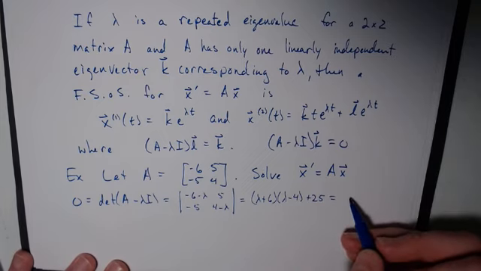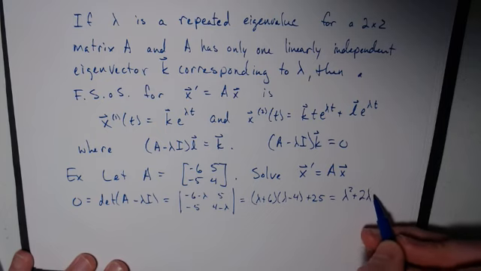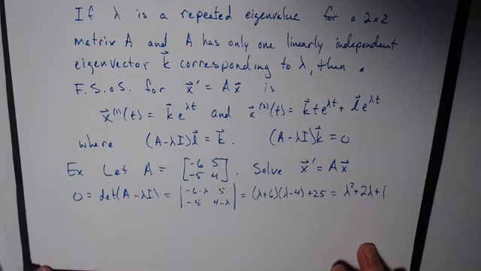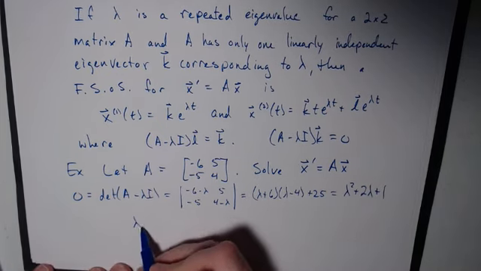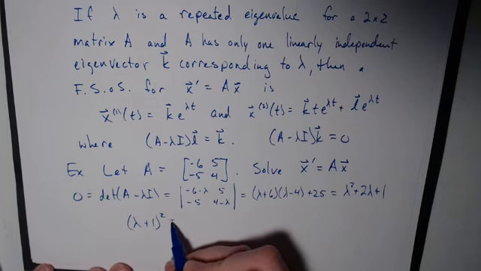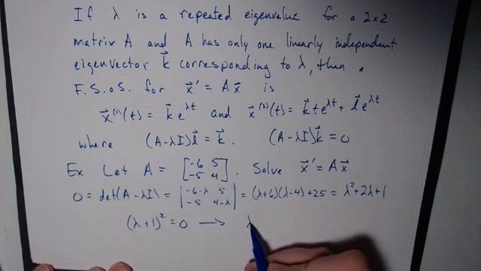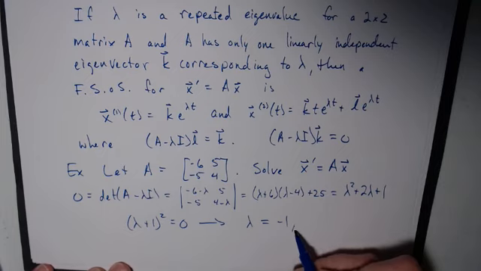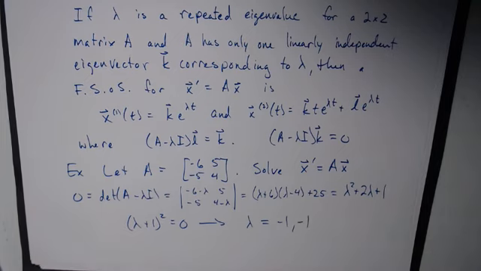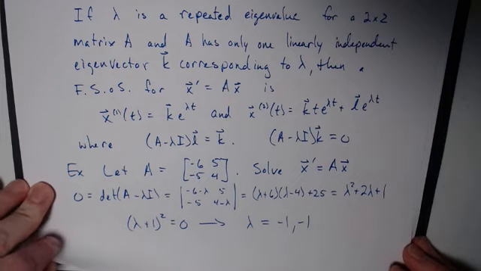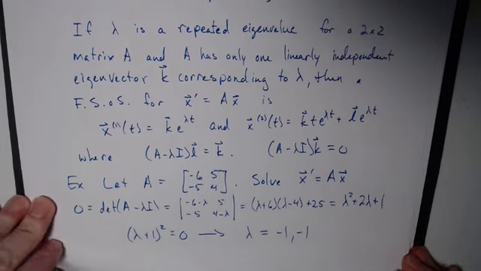When you expand it all out, you get lambda squared plus 2 lambda plus 1. That means our equation is (lambda plus 1) squared equals 0, which tells me lambda equals -1 and -1. We get a repeated eigenvalue, so we're going to proceed as normal.